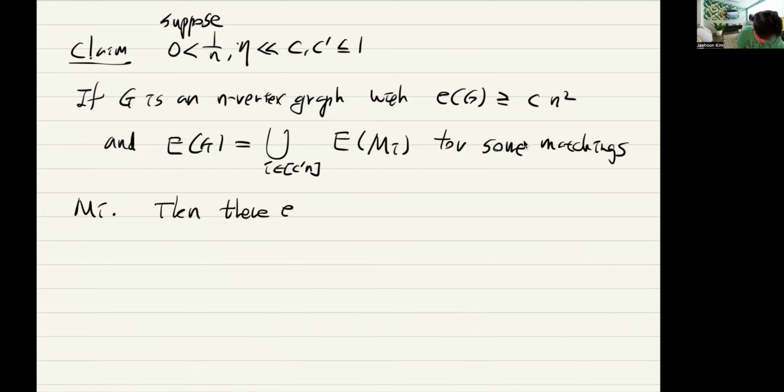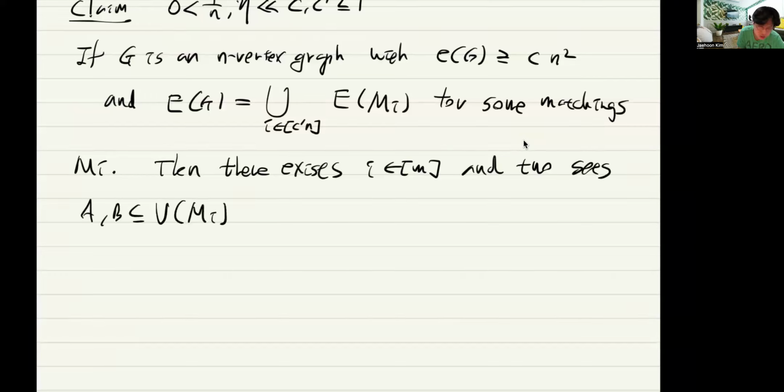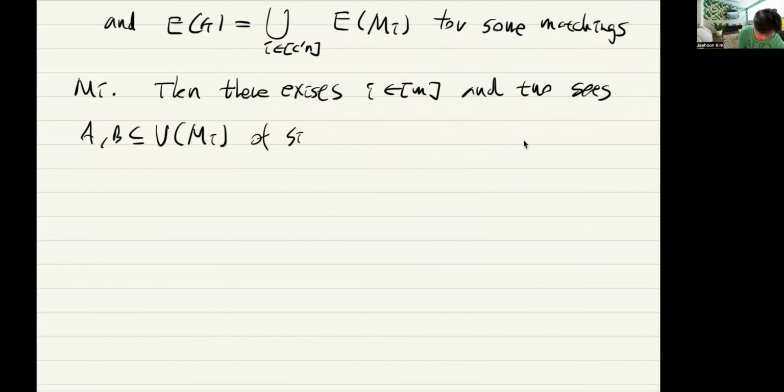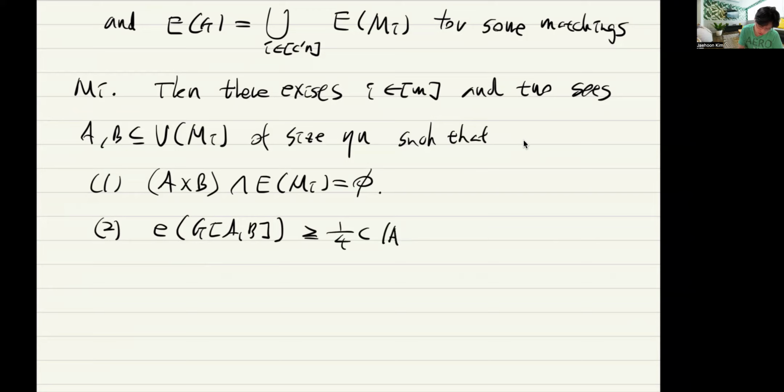Then there exists some i and two sets, A and B, which are subsets of the vertices on this matching of size eta n, such that the following hold. First, between A and B, it contains no edges in M i. And two, there are still many edges between A and B.